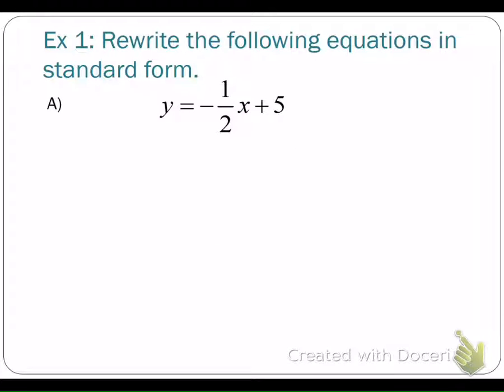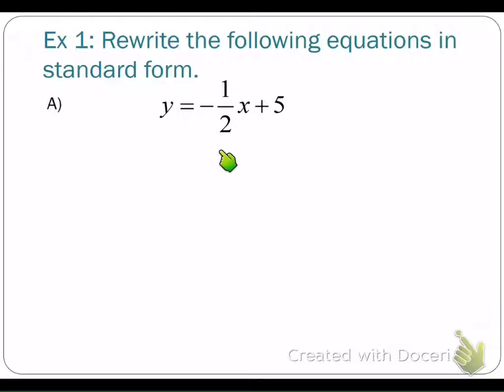All right, here is example 1. So we're going to rewrite the following equation into standard form. Standard form, you want the x, then the y, then the equal sign, then a number. So how am I going to get that x term in the front? Yeah, you're just going to add the whole thing.